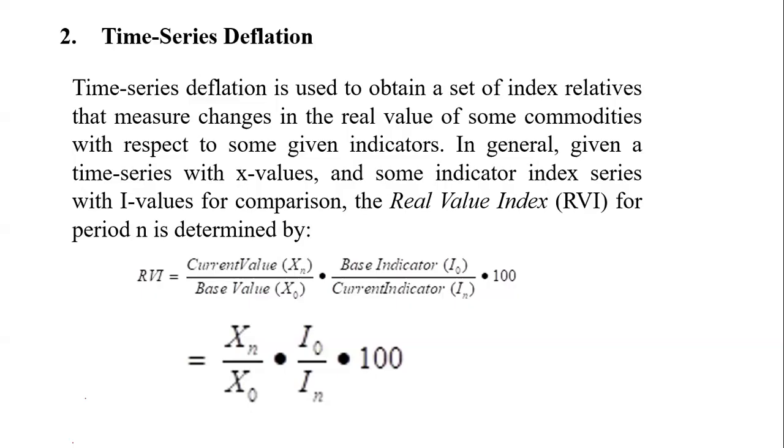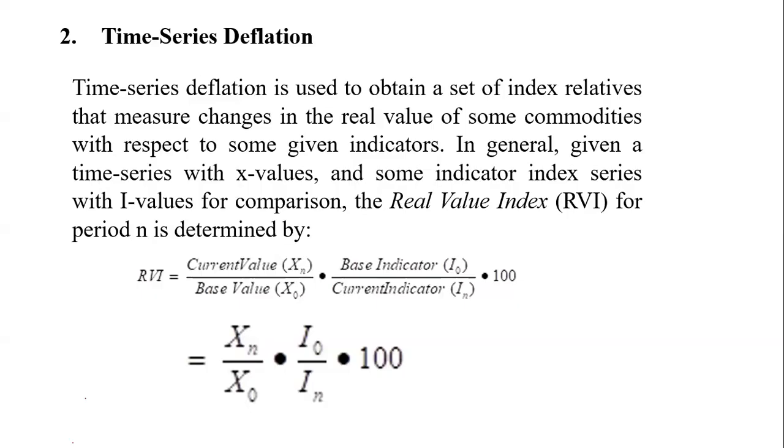In general, given a time series with X values and some indicator index series with I values for comparison, the real value index, RVI, for period N is determined by the formula as you can see.